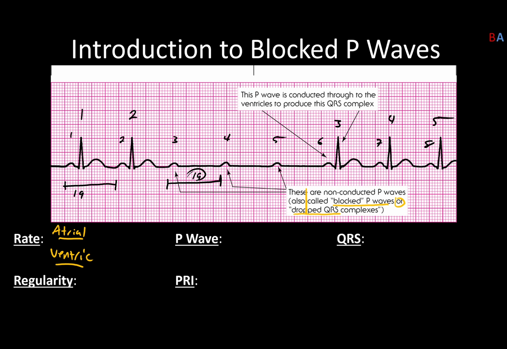So we've measured out the P to P's on that, and that comes out to 19 for sure. As for the R to R, that's exactly the same as well, which it should be for a perfectly regular rhythm, correct?